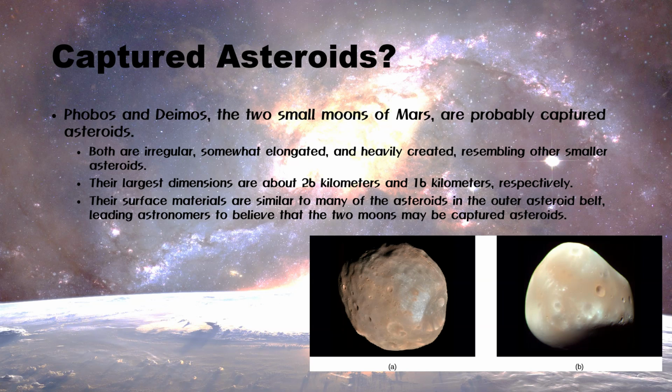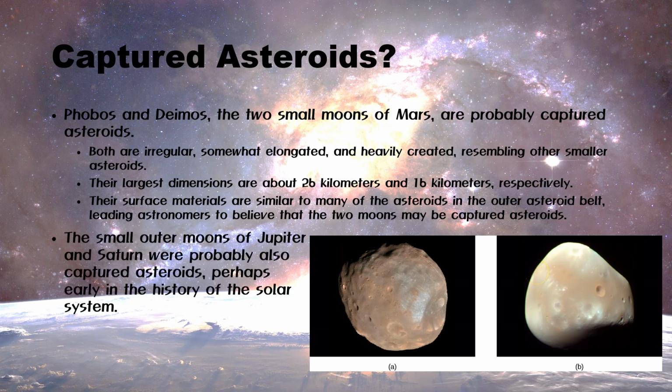If we look at their shapes, they're both irregular, somewhat elongated, and heavily cratered, resembling other smaller asteroids. Their surface dimensions are about 26 kilometers and 16 kilometers respectively, so they're pretty small. Their surface materials are also similar to many of the asteroids that we find in the outer asteroid belt, leading astronomers to believe that the two moons are most likely captured asteroids.